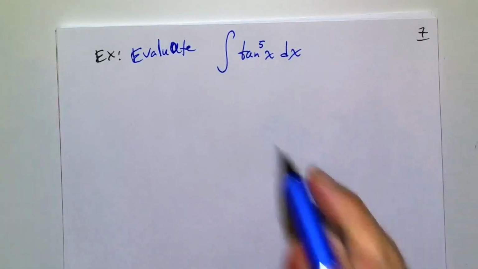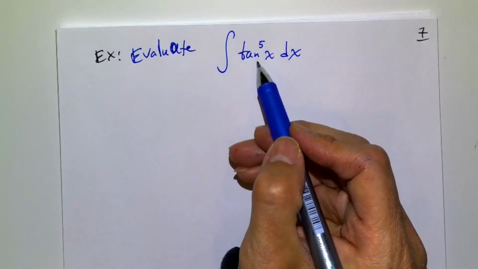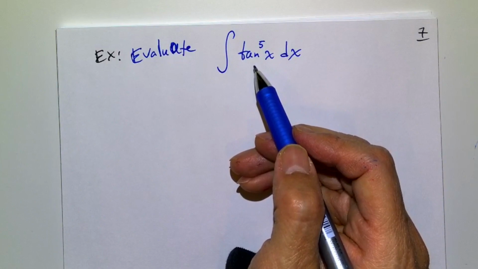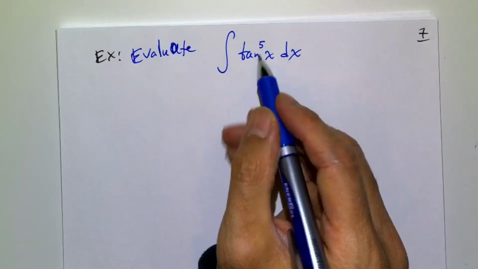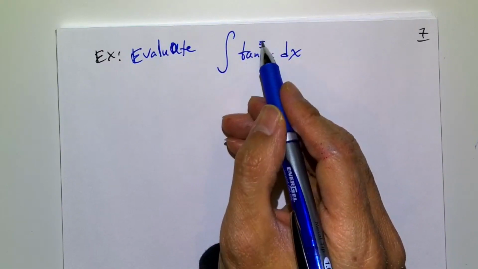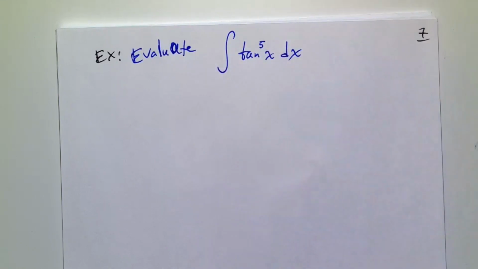So far, whenever we had this kind of odd power, we always try to create even powers. Even with sine x and cosine x, we try to do that. So let's break this apart so that we end up with a tangent to some even power: tangent to the 4th power x times tangent x.